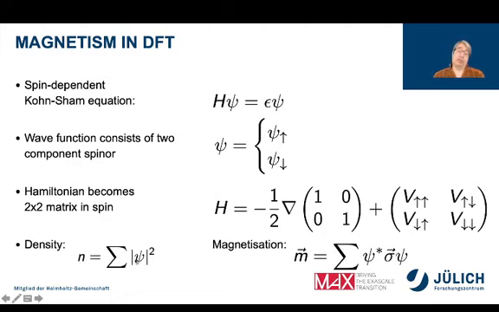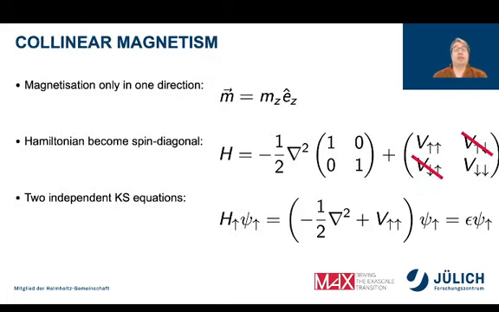And of course, then we still have the density as a square of the wave function, as usual, and the magnetization of the system defined in terms of the vector of Pauli matrices. When you have collinear magnetism, the magnetic moment always points in one direction.